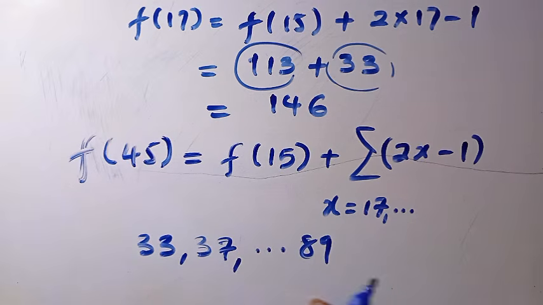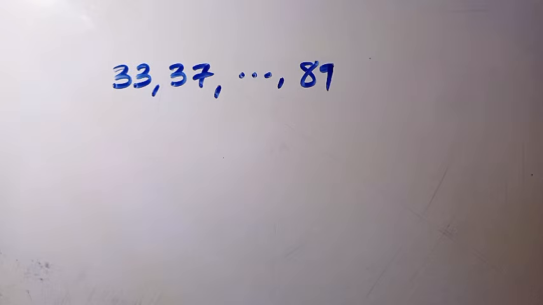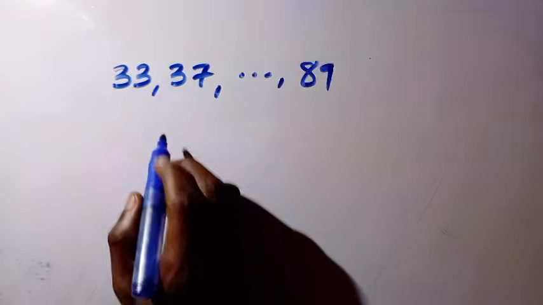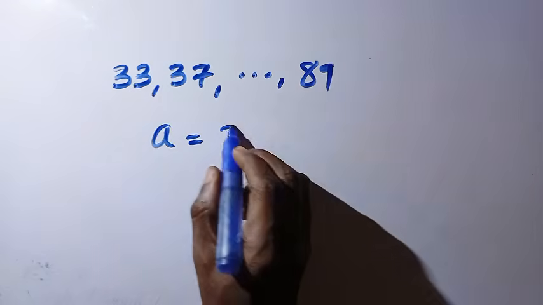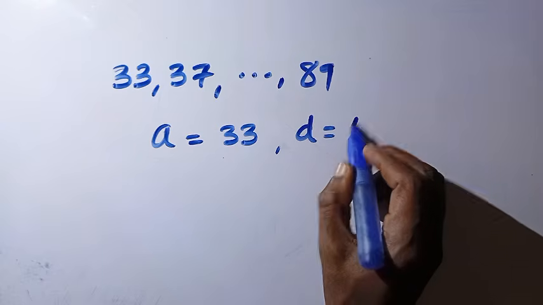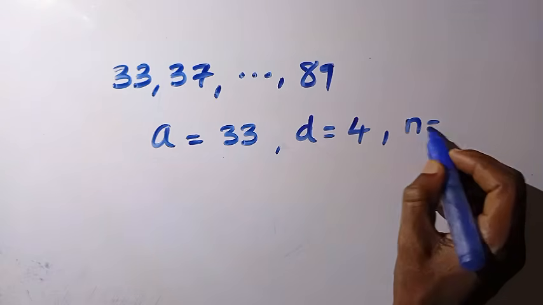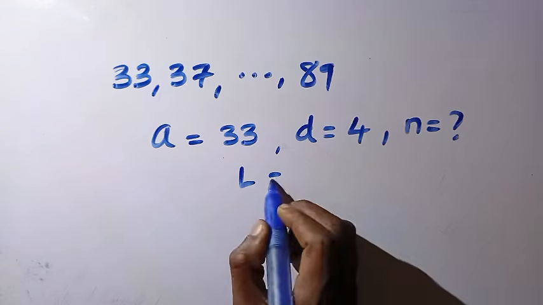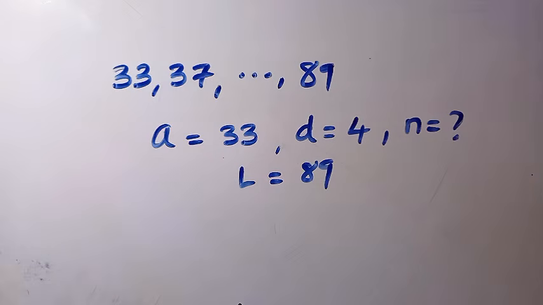And we have to look for the nth term of this sequence, and the sum of everything. So let's try to look for the number of terms here. You know that the first term is 33, and the common difference is 4. Then we need to find n, and the last term is 89.